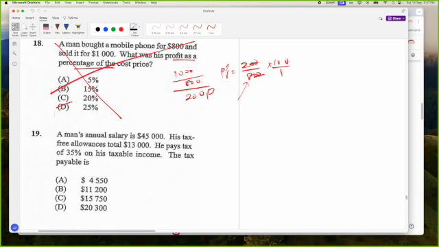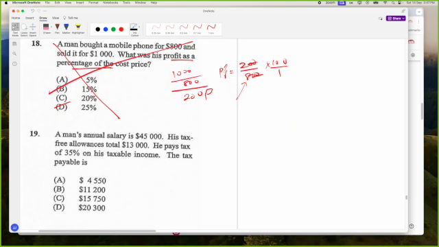A man's annual salary is that. His tax-free allowance is that. So that means he's getting paid 45,000, and his tax-free allowance. So they're not going to tax him on this 13.